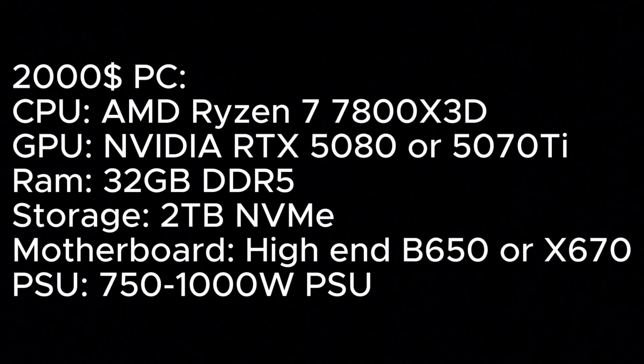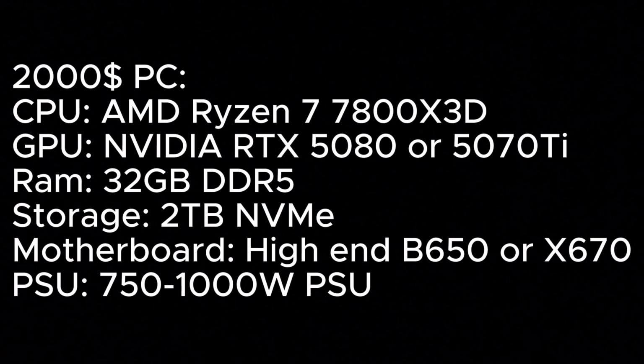A $2,000 PC. $2,000 PCs are considered high-end and they're powerful enough for high-end gaming, streaming, and content creation. Examples of some parts you could use are AMD Ryzen 7 7800X3D for the CPU, which is one of the best CPUs on the market right now. For the GPU, either Nvidia GeForce RTX 5080 or 5070 Ti.